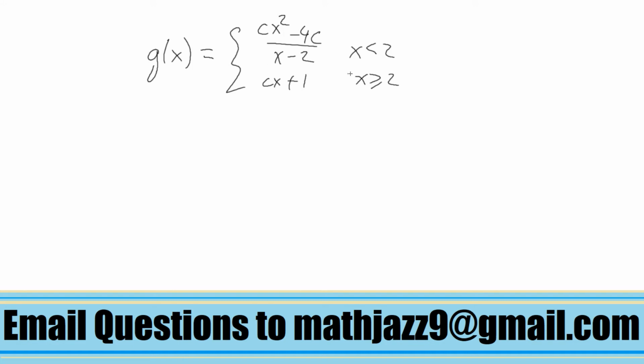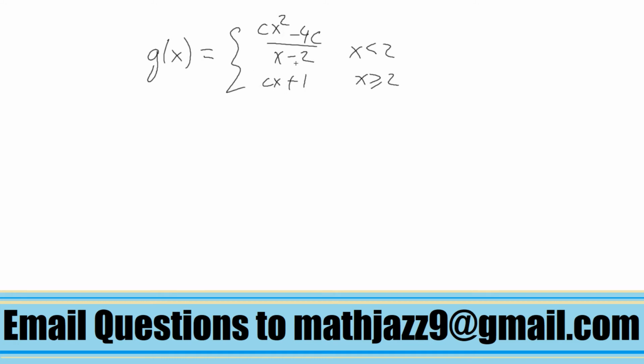To be continuous, we need to have the function's value, g's value, equal to the limit from the right and equal to the limit from the left. So what we need is the limit of the left chunk to equal the limit from the right chunk, which is also equal to the value of the function, which is going to be when we plug 2 into this.